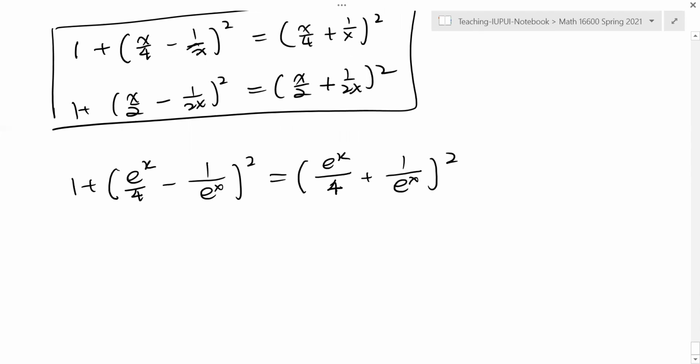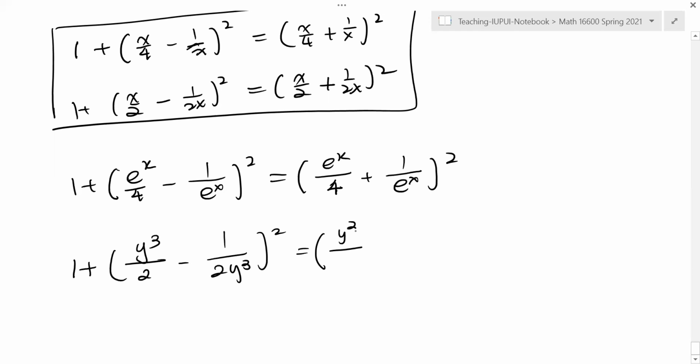And then if it's 1 plus y cubed over 2 minus 1 over 2y cubed square, right? And that is going to be the second formula. That will be y cubed over 2 plus 1 over 2y cubed square, right? Great.